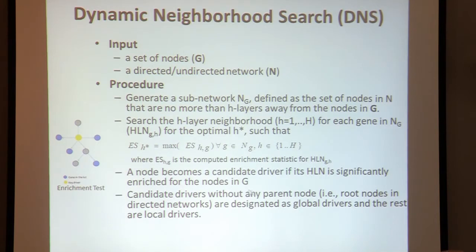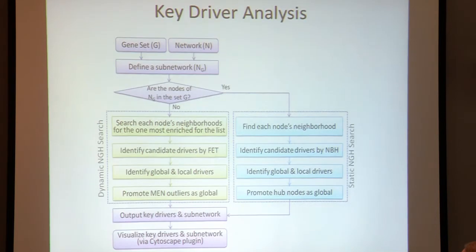A question. Could you go back to the slide and explain to us these acronyms? What does MGH stand for? Do you see where you say static MGH search? Yeah, so NG first, it's on the side. It's a dynamic NGA search and a static NGA search. NG is a neighborhood.